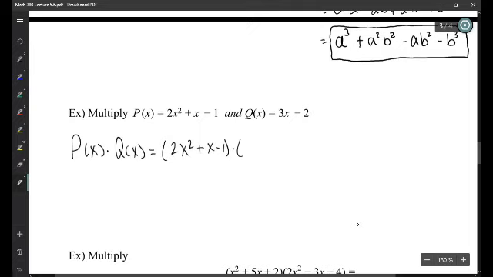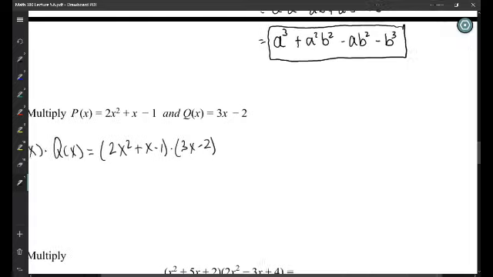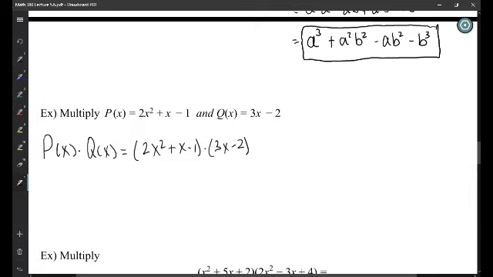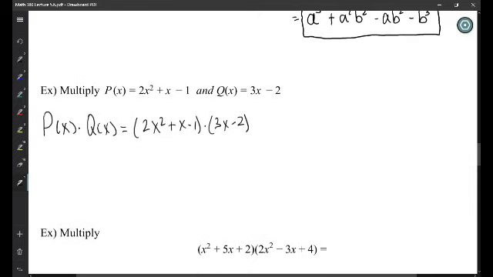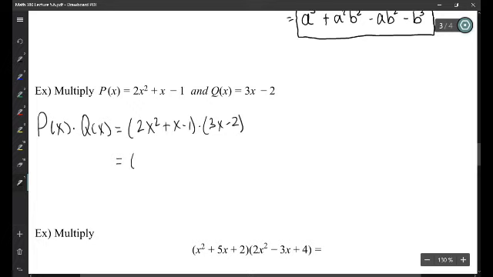So make sure to encase everything in parentheses whenever you multiply functions together. Well, we could rewrite this with the smaller polynomial on the left, which is customary. Using the commutative property, we rewrite 3x minus 2 first. So then times 2x squared plus x minus 1.